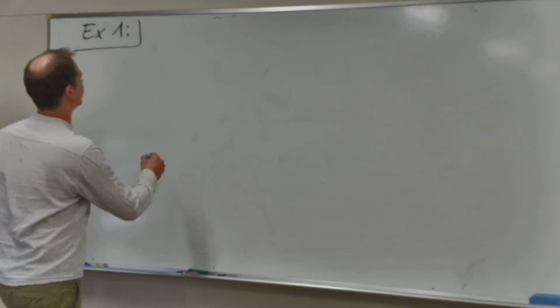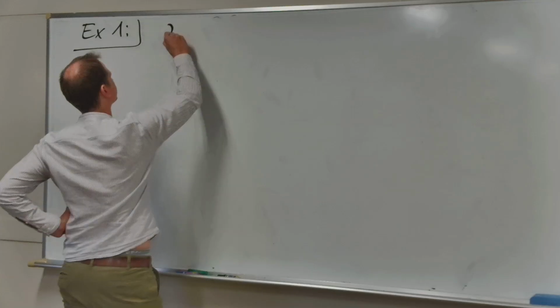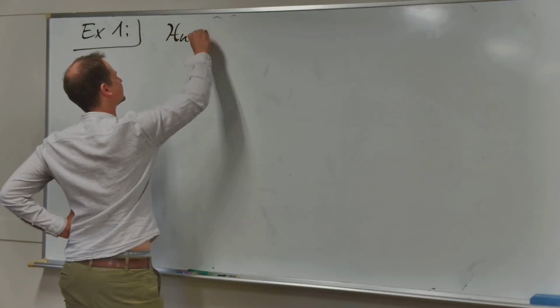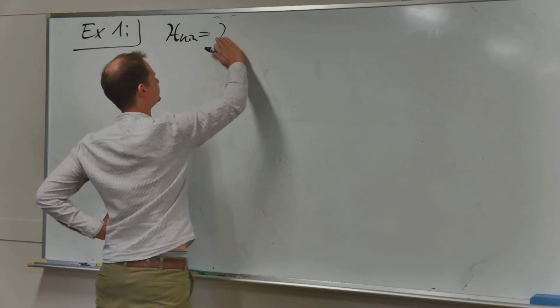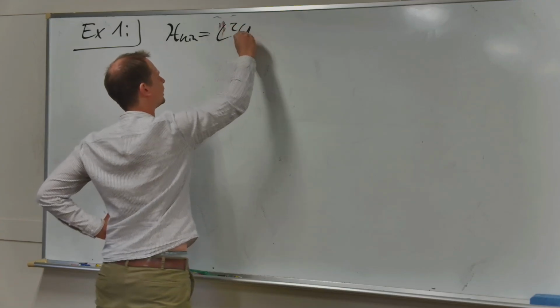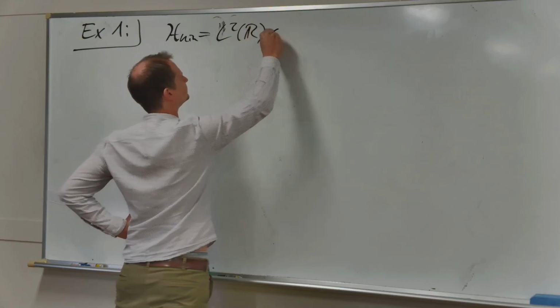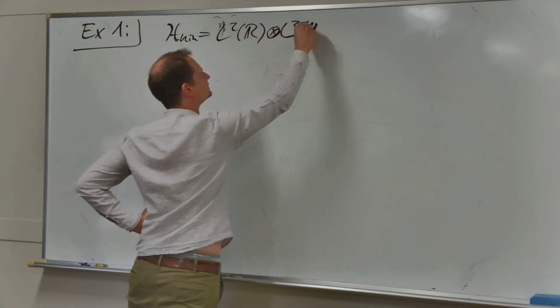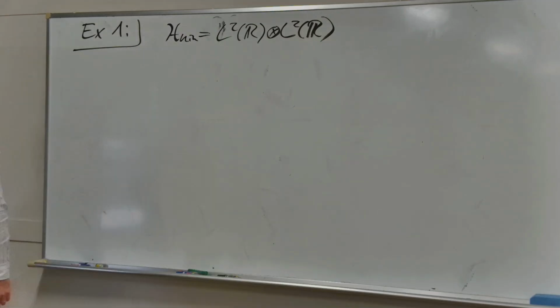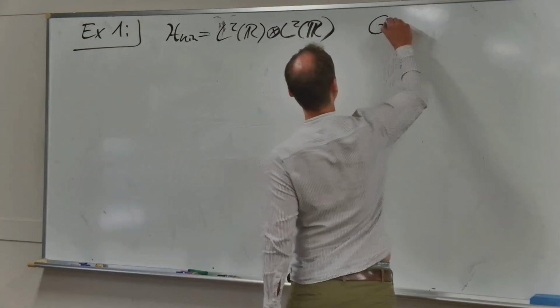Let's go once more. So suppose the kinematic Hilbert space is just L2 over R times an L2 over R. For simplicity, it could be more complicated, of course. And then G is again the translation group.